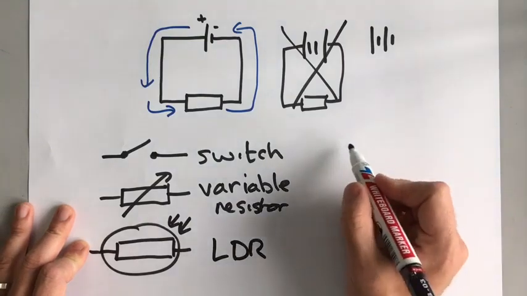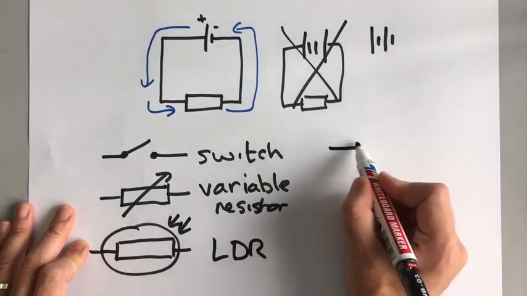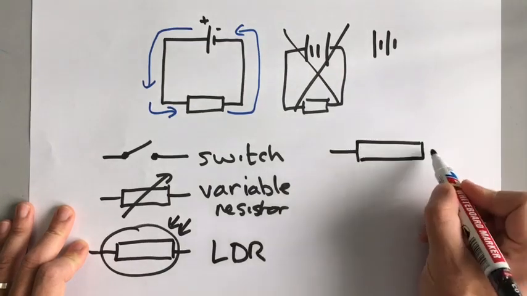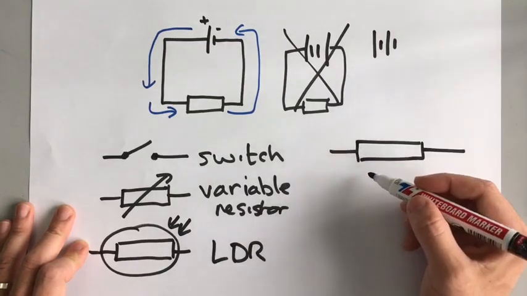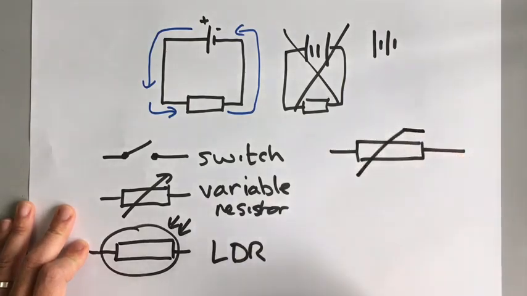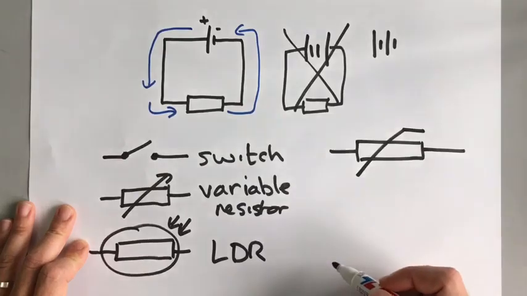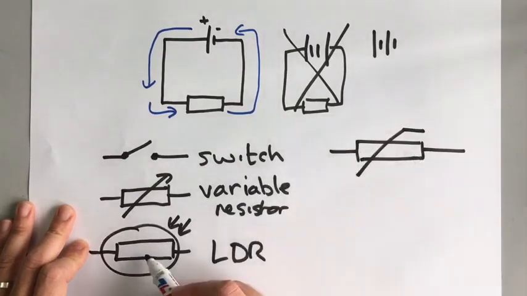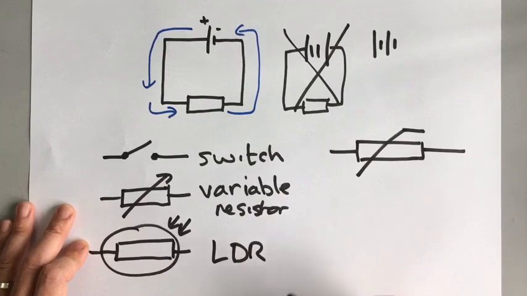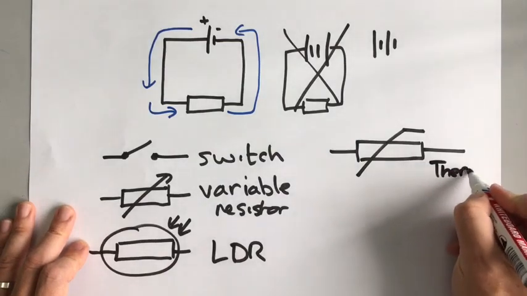A thermistor has the same kind of idea, except instead of light, it's temperature that it's dependent on. So the hotter it is, the temperature of the room that it's in changes the resistance, and they look like that with a line and then a little arrow. So you can see they've all got this basic resistor shape, but then a slight variation on that. So that's a thermistor.